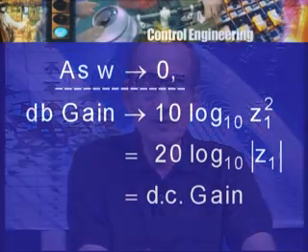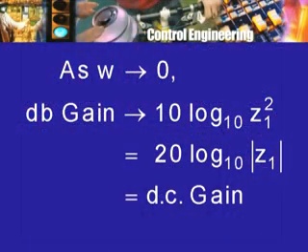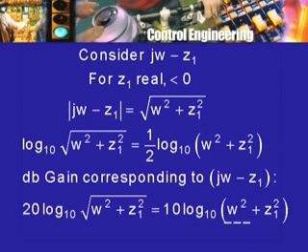So, as omega tends to 0, the low frequency end or the DC end, what is this going to look like? Omega square is very small, Z1 square is what will remain. I am assuming that Z1 is not 0. So, Z1 square is a positive number, omega square however is going to 0.